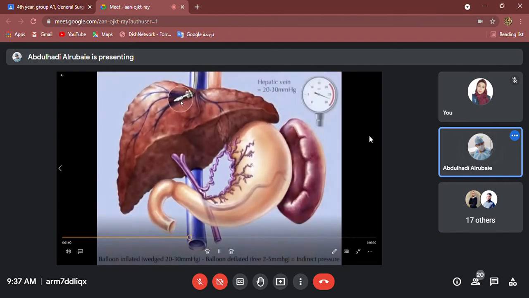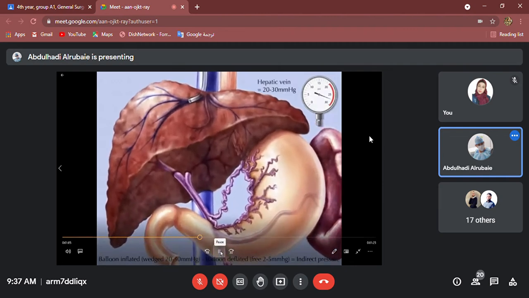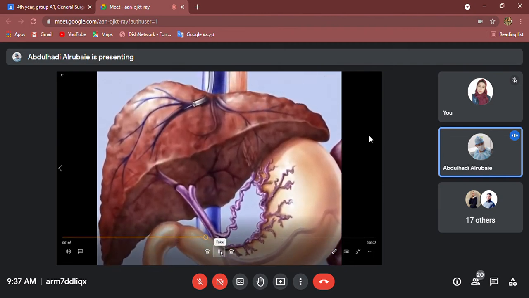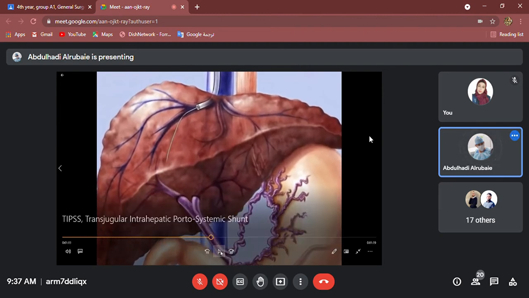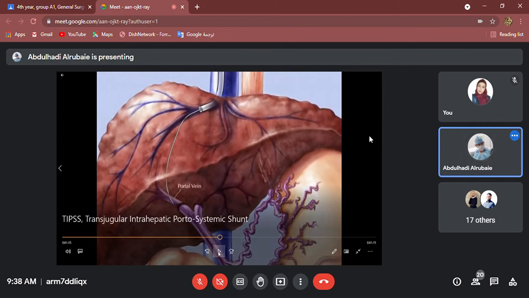Then at that time we introduce a catheter and balloon to measure the pressure inside the portal system. Then we pass a long needle through the liver to a major branch of the portal vein. Okay.